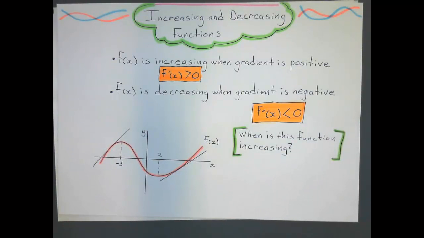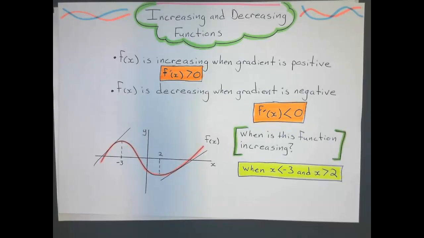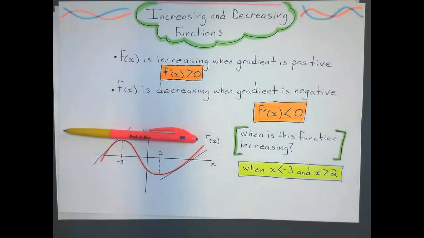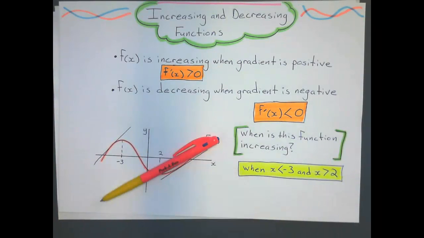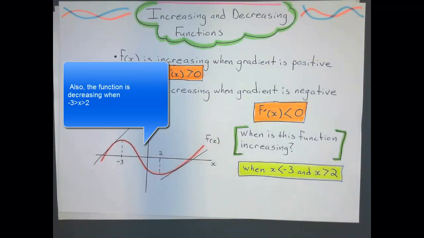So to write that with values of x, for this curve we'd say this function's increasing when x is less than -3 and x is greater than 2. We have to use these inequality signs and not equal signs, because when x equals -3 that's a 0 gradient, and when x equals 2 that's a 0 gradient as well. Anything beyond that is going to be a positive gradient.